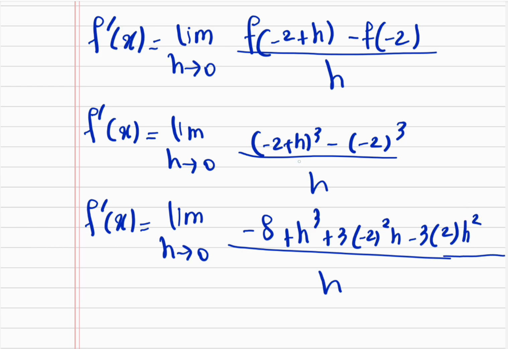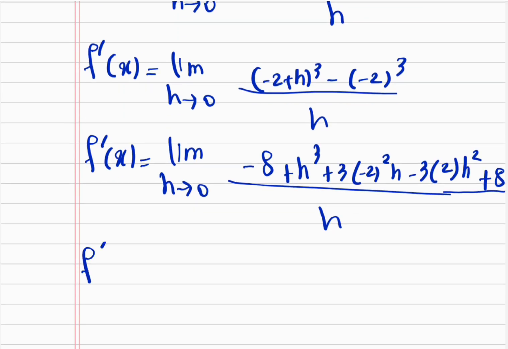I'm using Pascal's triangle without writing it down, so you can expand this whichever way you like. And finally we have minus (-2) cubed. So (-2) cubed is -8, but then it's minus, so it's going to be +8 at the end.